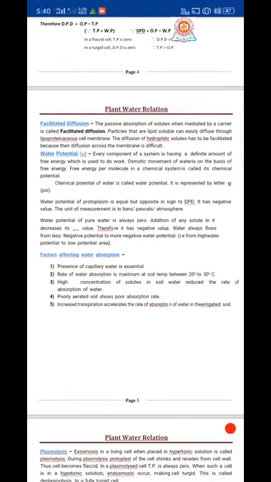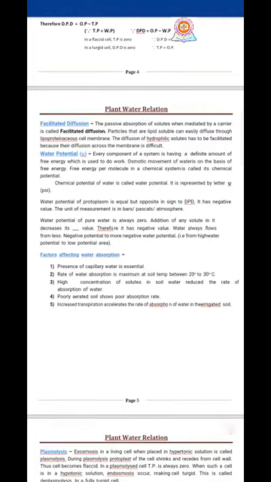There are some factors that affect the water absorption. Now we can see those factors. Presence of capillary water is essential for absorption of water. When that water is not present, then the absorption is not possible.